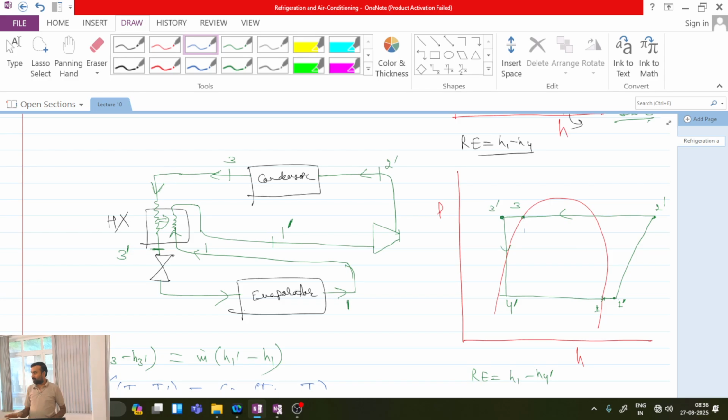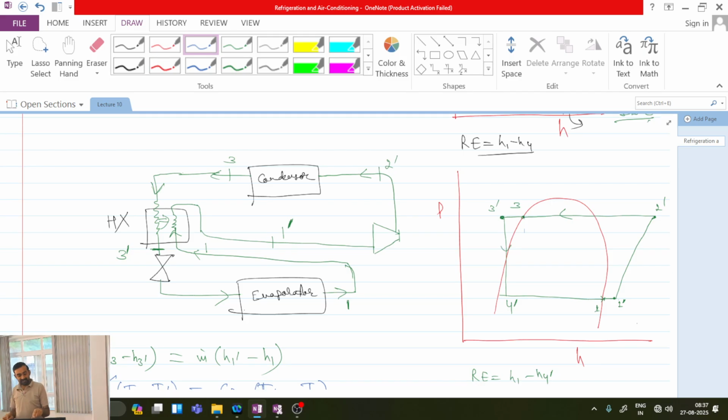Is this one clear? So whenever I use this new heat exchanger, then the inlet temperature is T3 and this temperature is T1, which is significantly less in comparison to the ambient temperature. So their temperature difference is large. So it means among these two, the rate of heat transfer will be high. So if rate of heat transfer is high, then this heat exchanger area required will be very, very small.